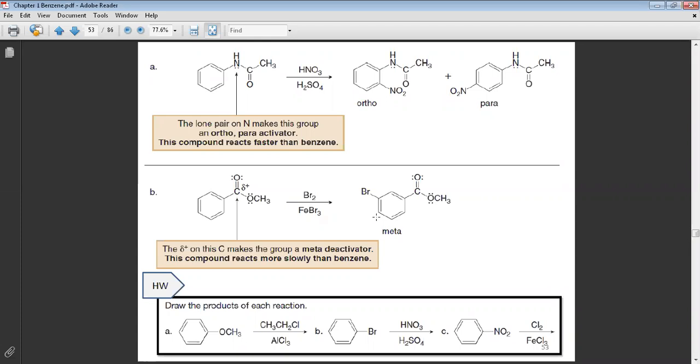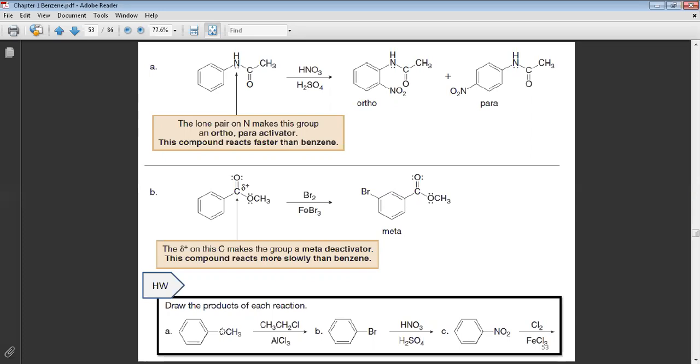Now this is homework for you. Draw the products for each reaction. In this reaction, we have a benzene ring directly bonded to oxygen. This oxygen has an unshared pair of electrons. That means it will be activating or deactivating? Activating, by which effect?